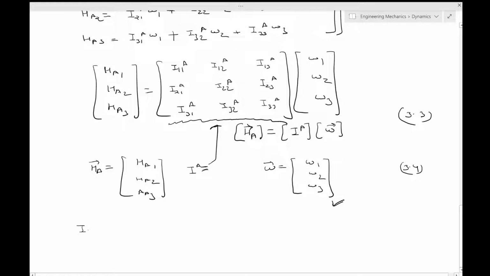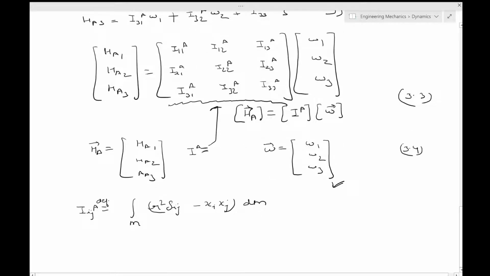So I_ij of A is defined, according to 3.1, as the integral of r squared delta_ij minus x_i x_j dm. Then I_ji of A, this would be, just interchanging i and j, delta_ji minus x_j x_i dm.